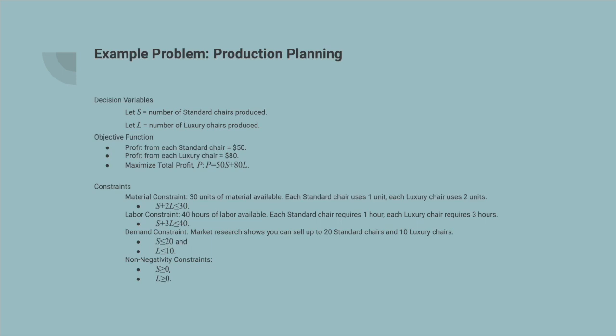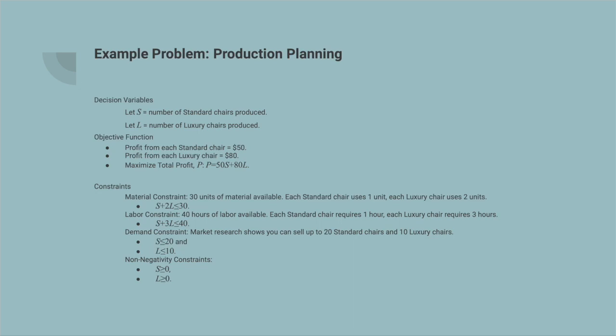The second constraint is the labor constraint. So we have only 40 hours of labor available, and each standard chair requires 1 hour, and each luxury chair requires 3 hours. So that means that S plus 3L should be less than or equal to 40.